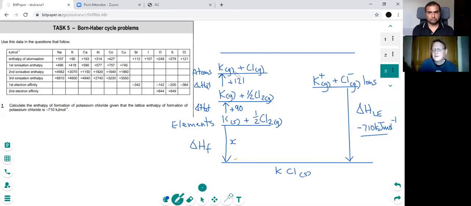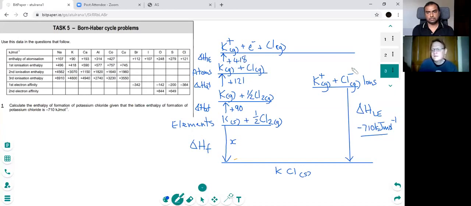Then we need to turn the gaseous atoms into ions. We'll start with the metal. Potassium's in group 1, so it goes to a positive 1 ion, and that removes an electron. We've still got the chlorine gas. That's the first ionization enthalpy of potassium, and from the table you can see that's 418.